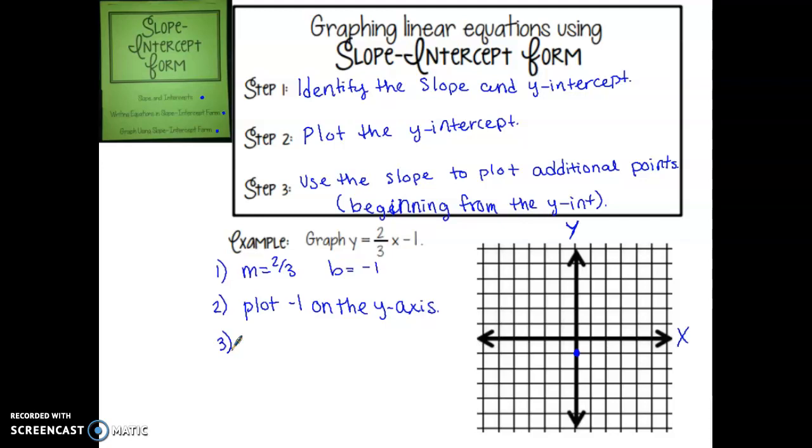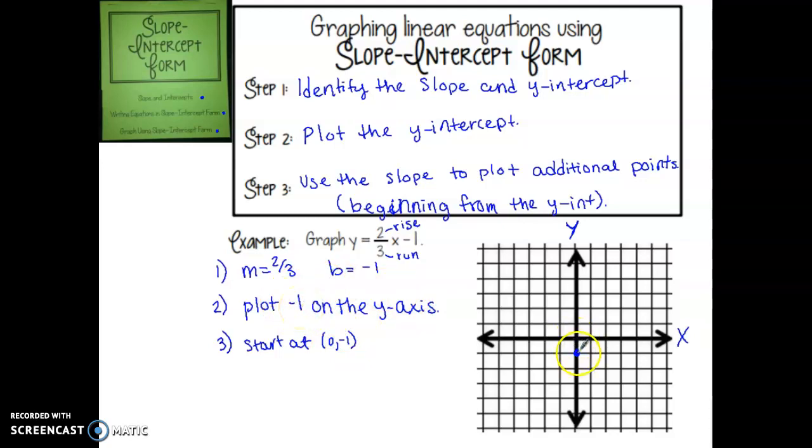So what we're going to do is take our rise and our run. Remember, the top is our rise and the bottom is our run. So we're going to start at 0, -1, which is our y-intercept, right?